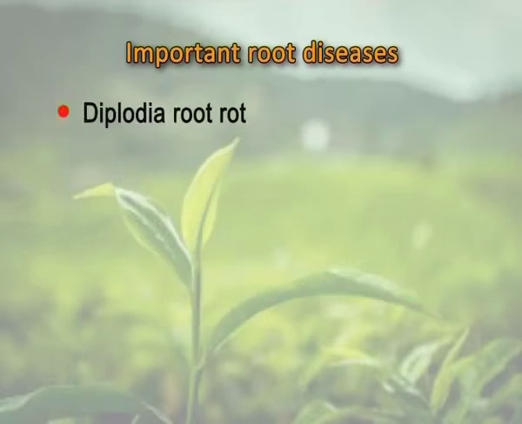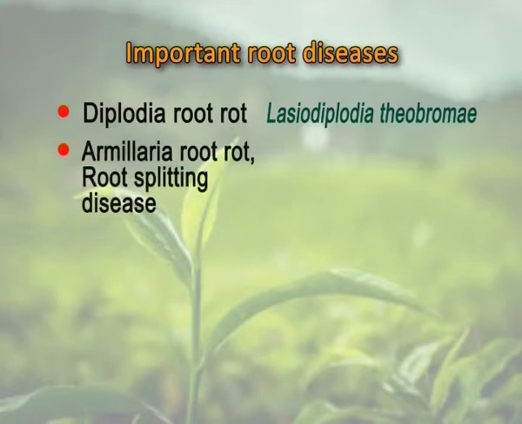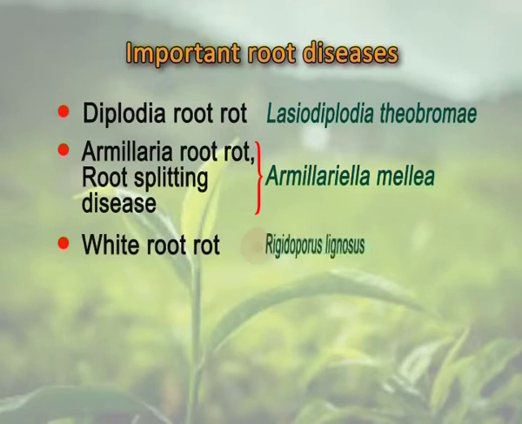Diplodia root rot is caused by Lasiodiplodia theobromae. Armillaria root rot or root splitting disease is caused by Armillariella mellea. White root rot is caused by Rigidoporus lignosus.